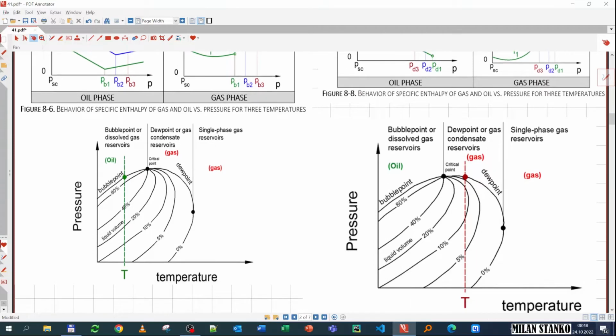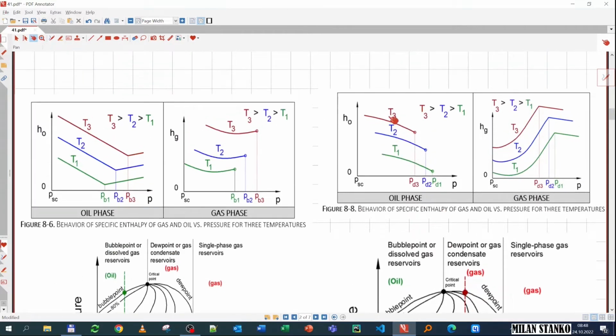Now on the right you have the case where the fluid is a gas, and you see the same thing for different temperatures and changes of pressure: what happens with the specific enthalpy of oil. It again has a downward trend, but now it's a bit non-linear, and then after that it stops existing.